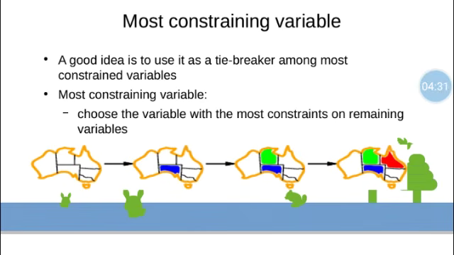So if you give color firstly to South Australia, then you will have more legal values for the other variables. A good idea is to use it as a tie breaker among most constrained variables, choosing the variable with the most constraints on the remaining variables. So this is how it works.